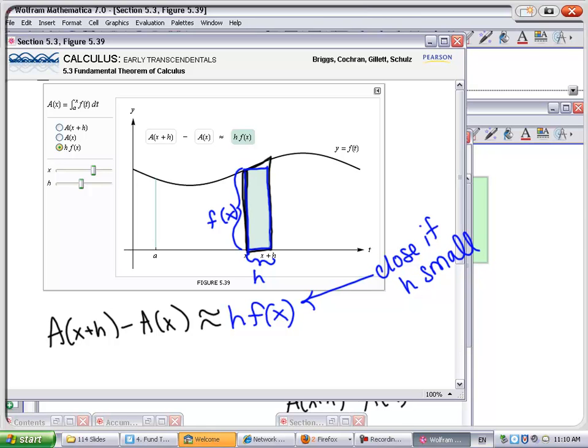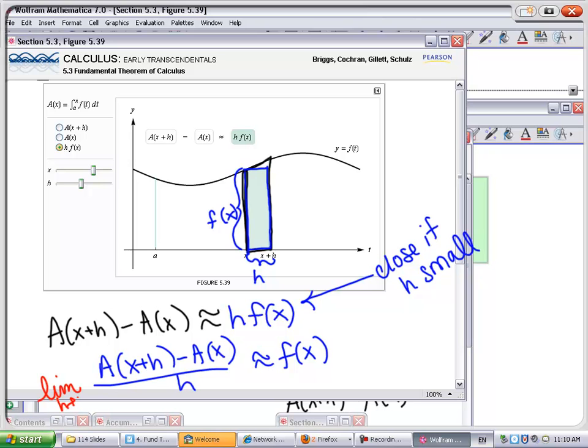And in fact, if we divide by H, we get the area of X plus H minus the area of X, over H, is approximately F of X. And then if we take a limit as H goes to 0, the area of the rectangle is going to become exactly the area of this black outline shape. So with the limit, we actually get an equal sign.